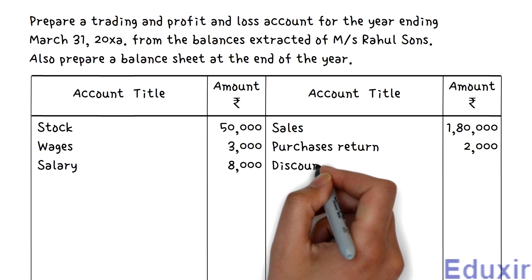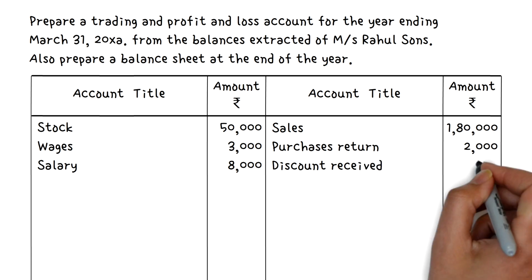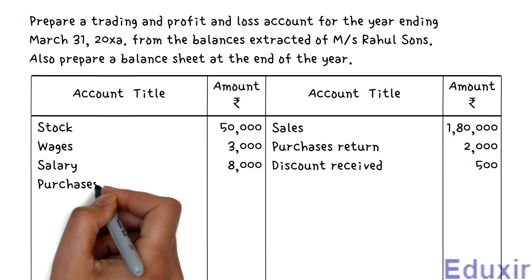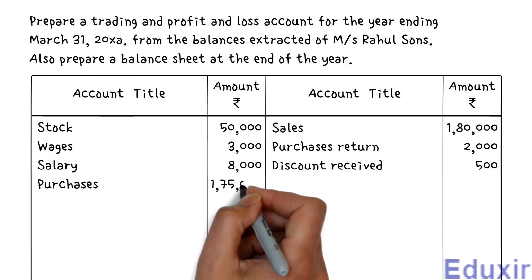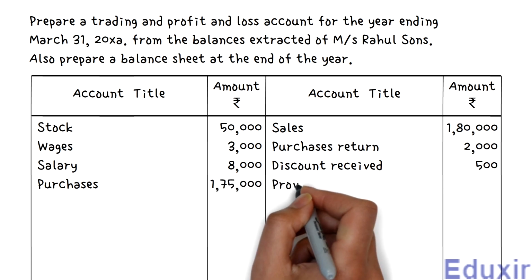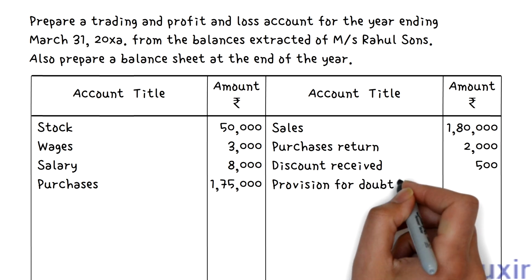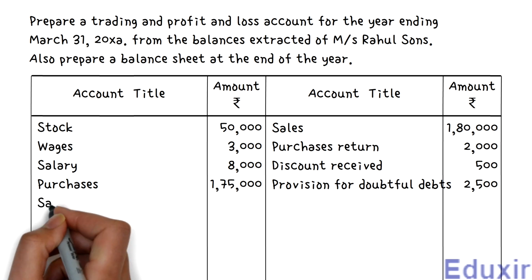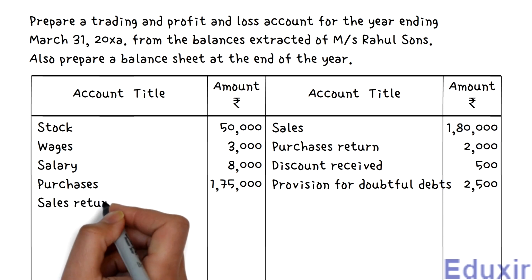Discount received balance is 500 rupees. Purchases balance is 1,75,000 rupees. Provision for doubtful debts balance is 2,500 rupees. Sales return balance is 3,000 rupees.